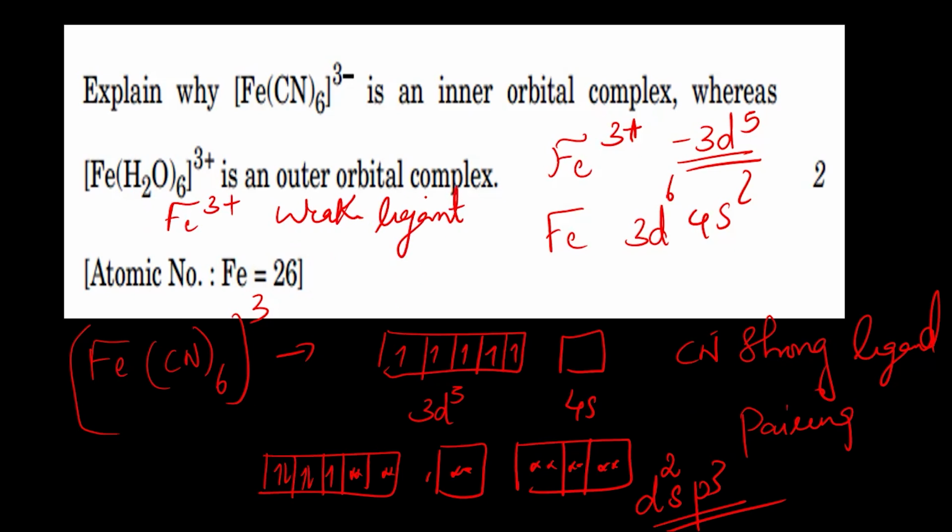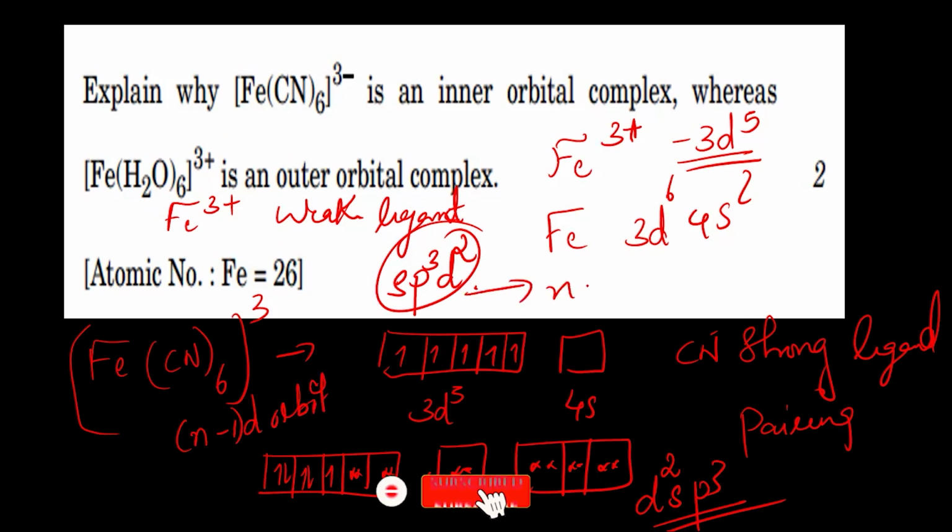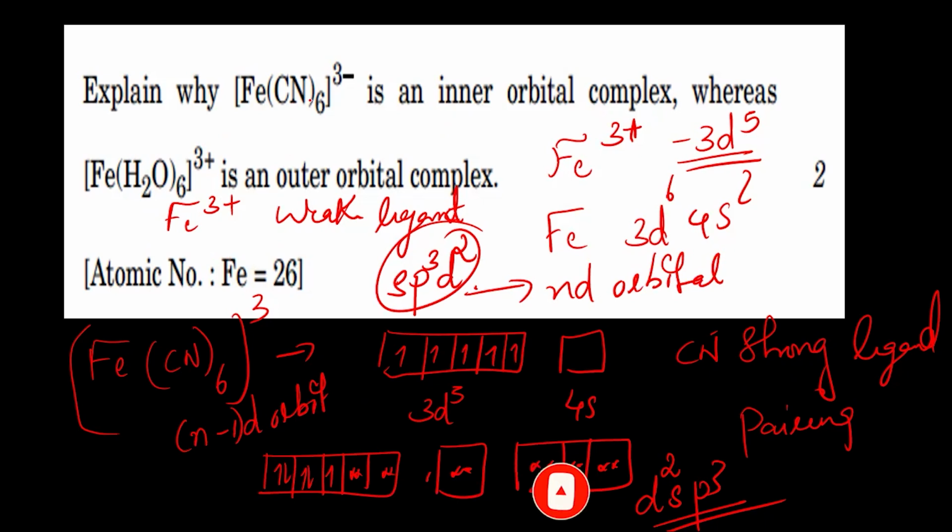So its hybridization will be sp3d2 hybridization, in the case of [Fe(H2O)6]3+. So in this case (n-1)d orbitals are used, and in the other case nd orbitals are used. So [Fe(CN)6]3- is an inner orbital complex, and [Fe(H2O)6]3+ is an outer orbital complex.